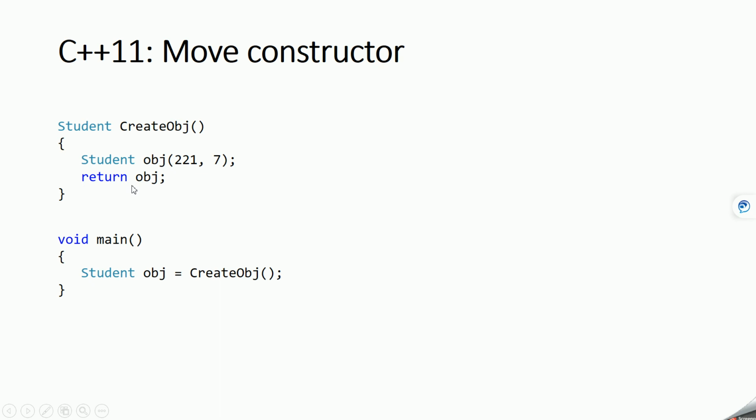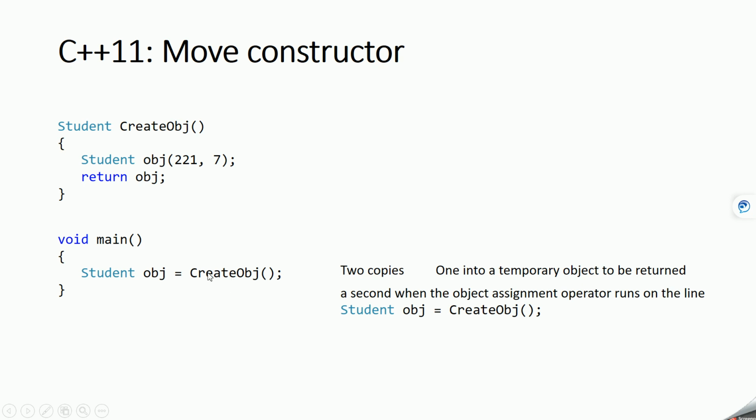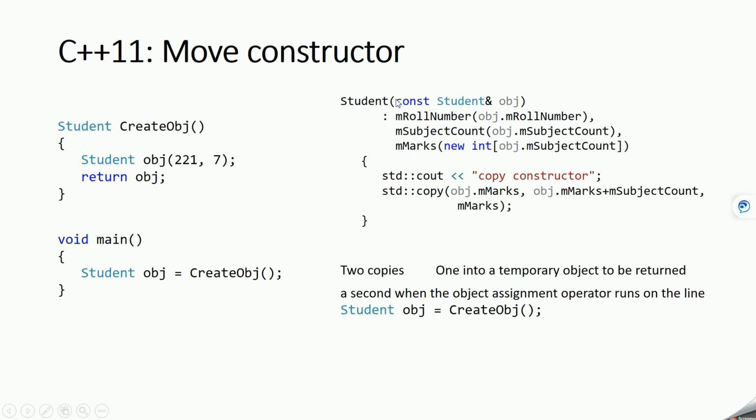While returning there will be two copies: one will be the temporary object which has to be returned, and another will be when this returned object is copied to this variable. At this time the copy constructor will get called. When the copy constructor is called, we are allocating new memory for marks.